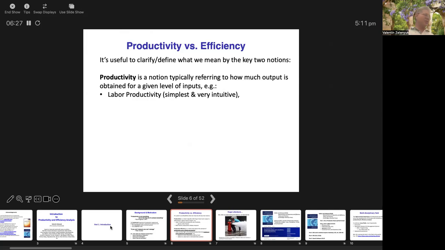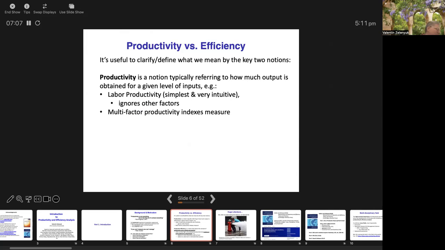That's the simplest and very intuitive, and you must have seen it in many discussions in the literature or in the newspapers. But it's very simple and kind of naive. It's very useful sometimes, but sometimes it can be misleading, in particular because it ignores other factors that have been used for producing the same thing. This could be capital, materials, land, energy, and so on and so forth.